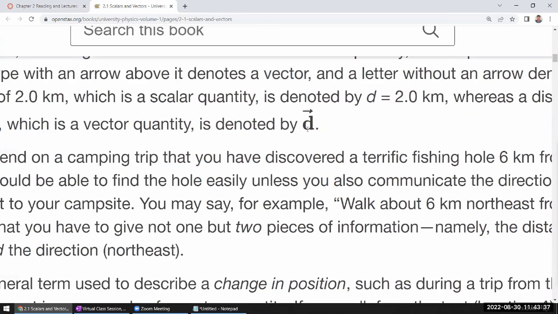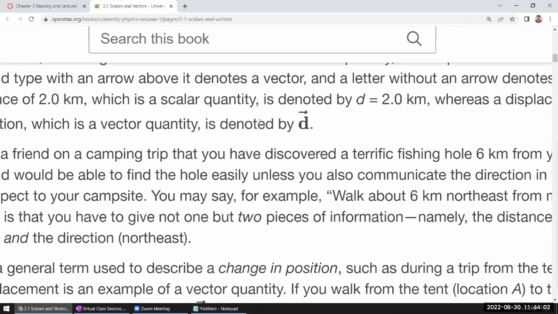So whenever you see a letter with an arrow on top, that's our notation, meaning that this is a special kind of quantity. That's a quantity that has magnitude and direction. And the mathematical properties of this are different from the numbers you have been dealing with, scalars. So you want to pay close attention whenever you see a letter that has an arrow on top.